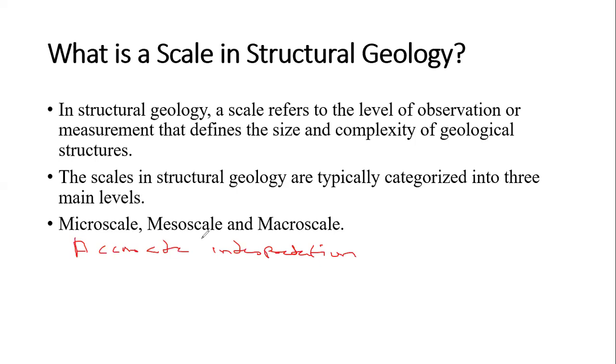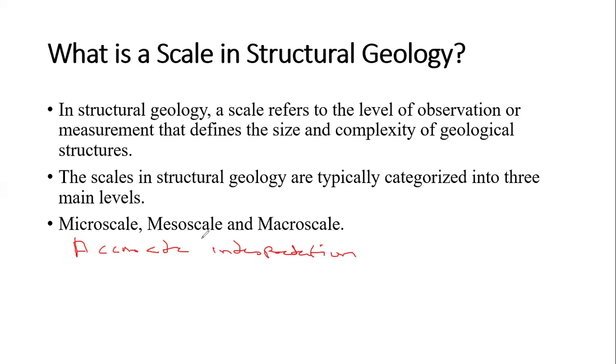But when we're looking at macroscale, okay, a large scale, we are looking at large scale structures like mountain belts, where two continental crusts collide and form, during an orogenic event, what you call the mountain belts. Rift zones and tectonic plate boundaries will inform about large-scale tectonic processes and the geodynamic environment.